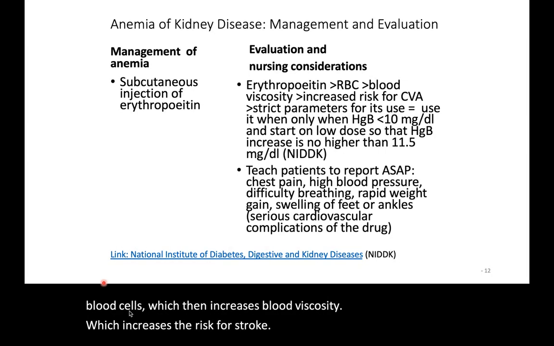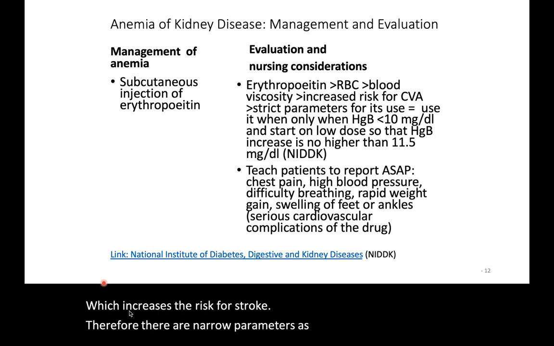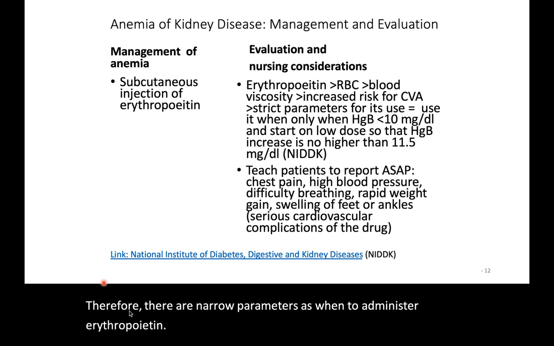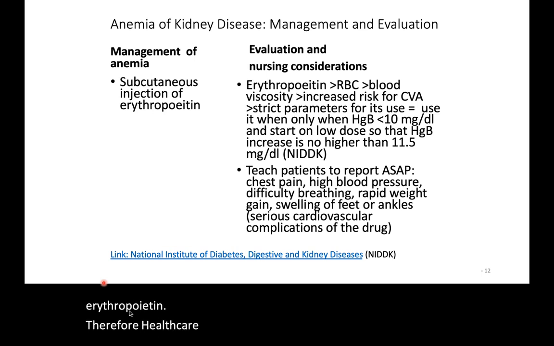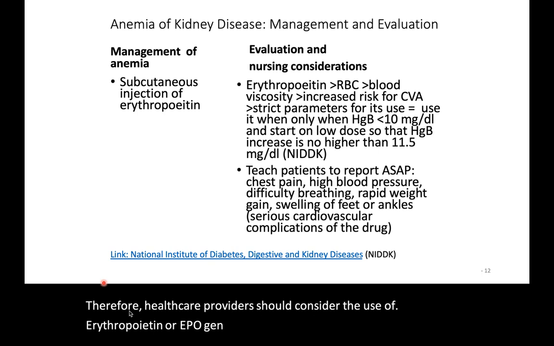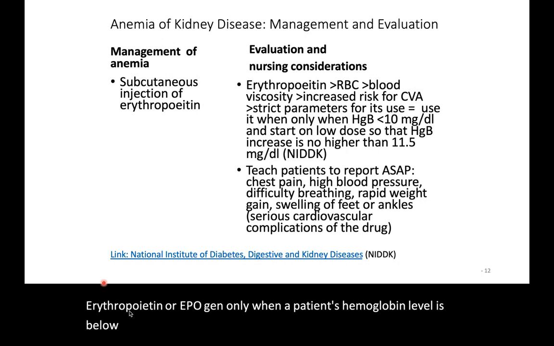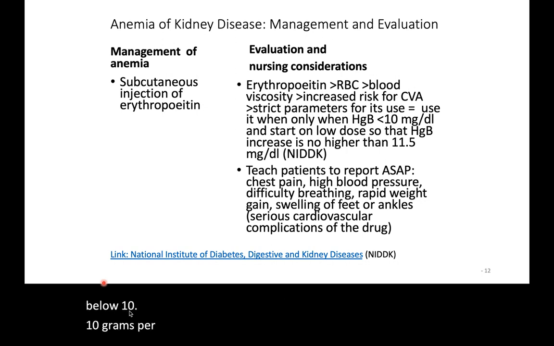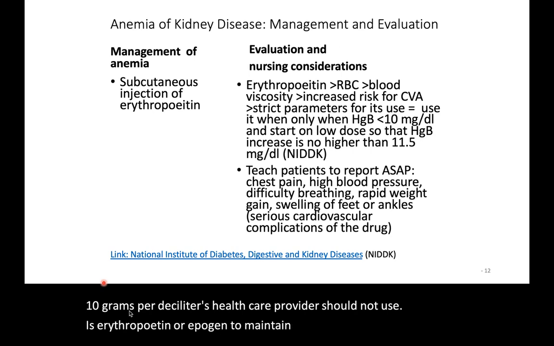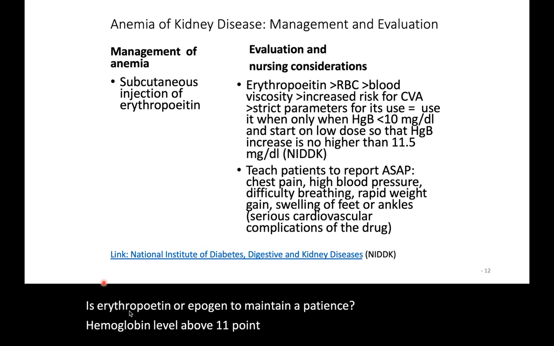Therefore, there are narrow parameters as to when to administer erythropoietin. Healthcare providers should consider the use of erythropoietin or epogen only when a patient's hemoglobin level is below 10 grams per deciliter. Healthcare providers should not use erythropoietin or epogen to maintain a patient's hemoglobin level above 11.5 grams per deciliter.